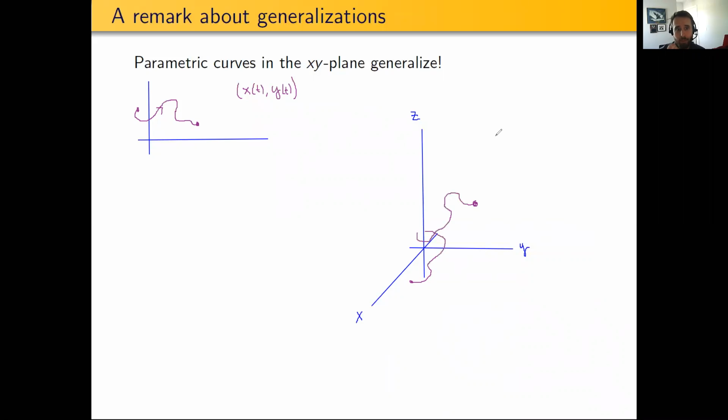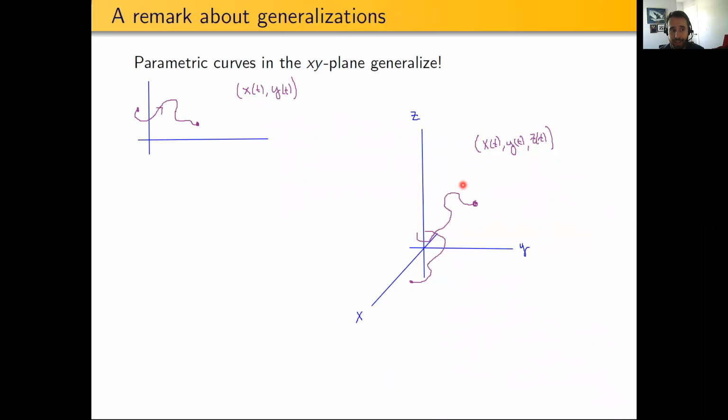It again has a single parameter, t, and what it has then is not a pair of equations, but a triple of equations, x of t, y of t, and z of t. So 3-dimensional space is marked by the fact that it can be described using 3 coordinates, an x-coordinate, y-coordinate, and z-coordinate.